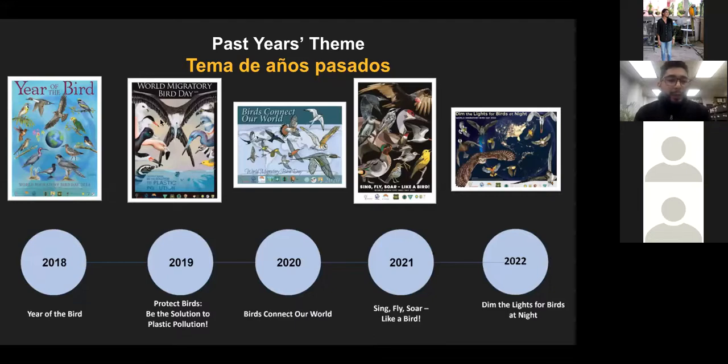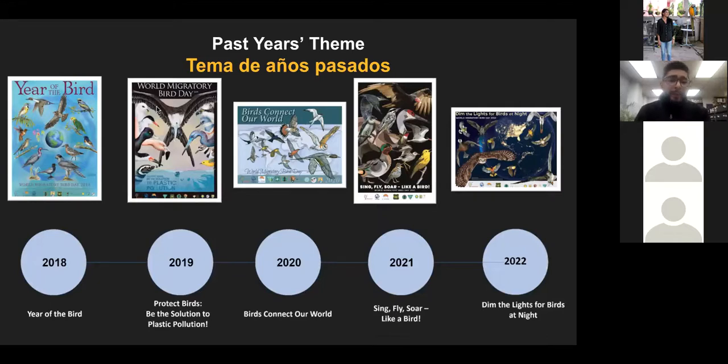We've also talked about plastic pollution in 2019 and also how birds connect our world and how technology has allowed us to identify this flyway. And in 2021, the conservation theme was to soar like a bird, which was very interesting because people found themselves in lockdown situations because of the pandemic.